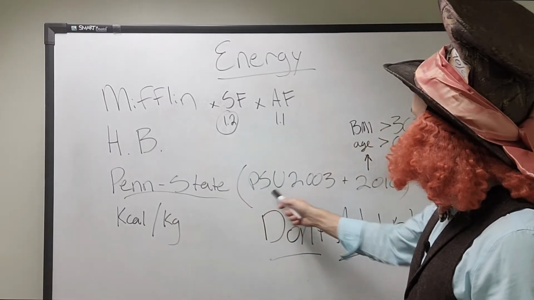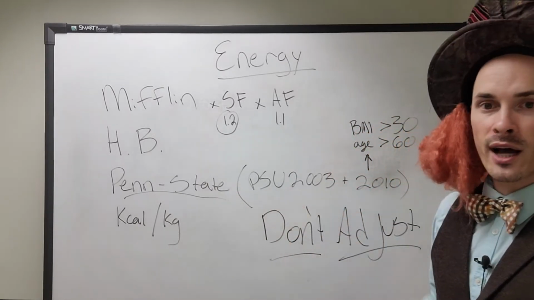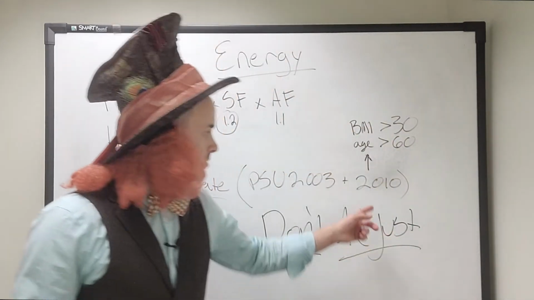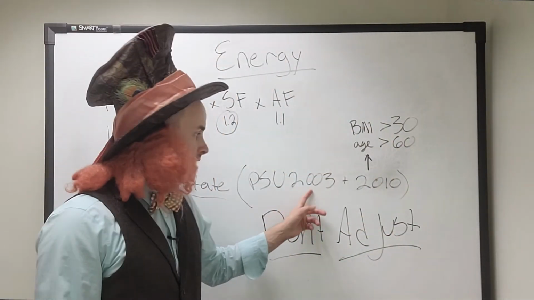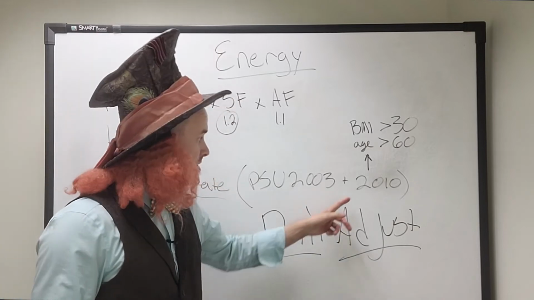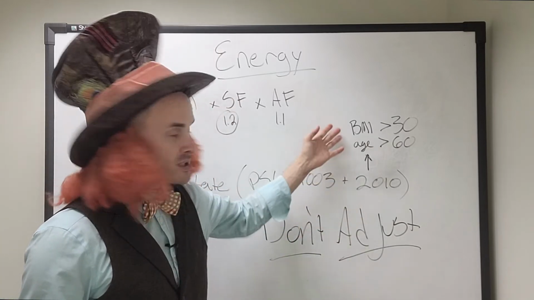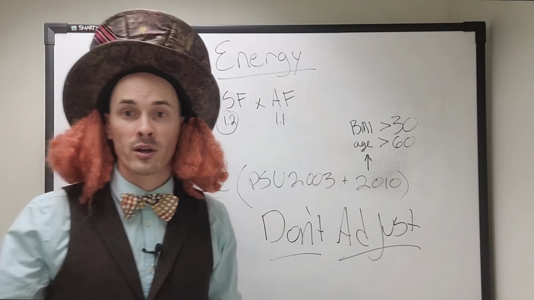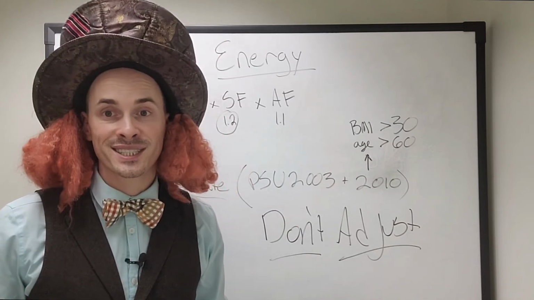So there's 2 Penn State equations. There's the 2003 and there's the 2010. The 2003 is going to be for most of your patients that are vented. The 2010 equation is adjusted for patients with a BMI greater than 30 and an age greater than 60.